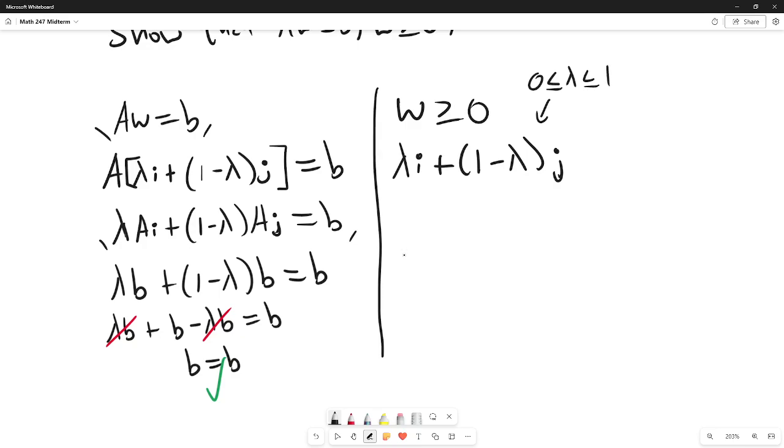Okay. And we must show that that is greater than or equal to 0. Okay.